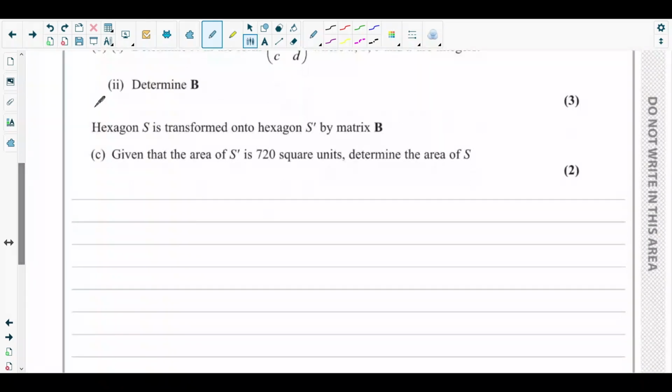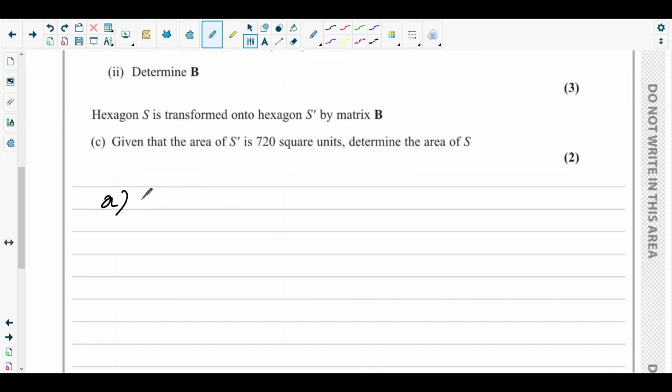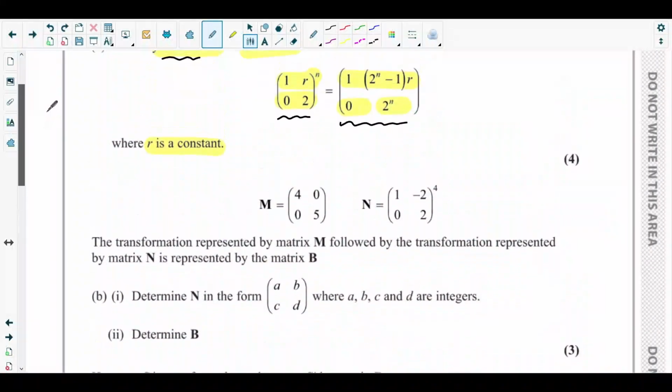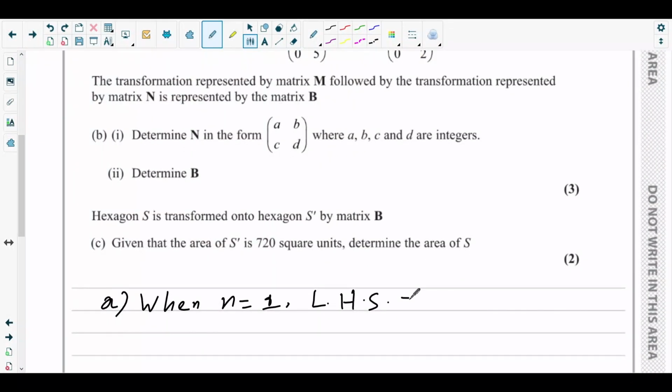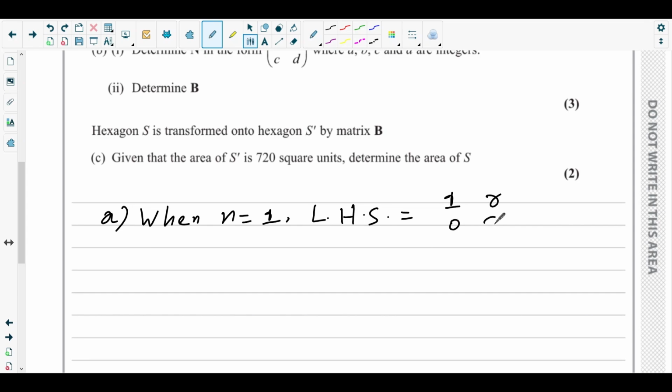The first step of proof by induction is that we have to prove that the given statement is true for n equals 1. So that's what we will do. When n equals 1, the left hand side equals (1 r; 0 2).